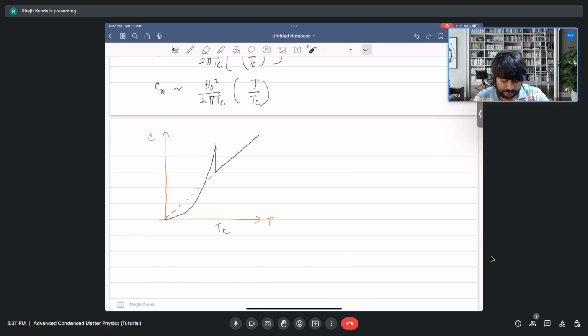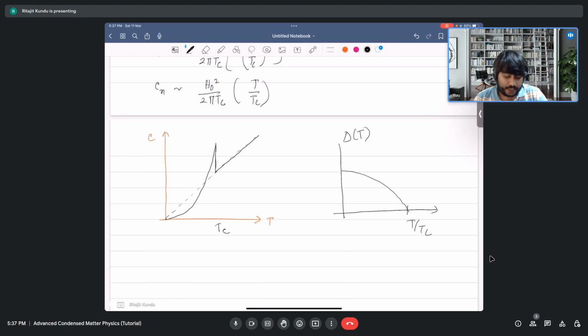Okay, but as you increase the temperature, you know already that at finite temperature the gap has some form like this. So the gap, delta as a function of temperature, decreases to this Tc, right?